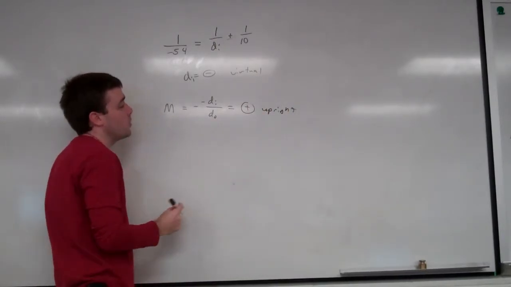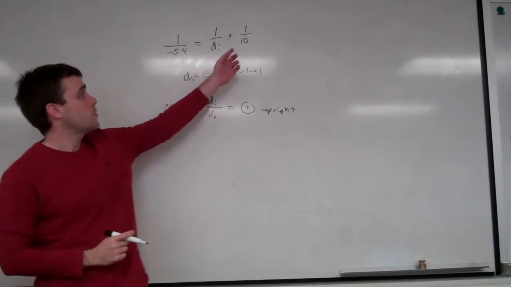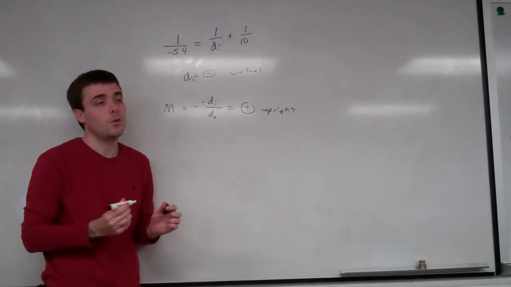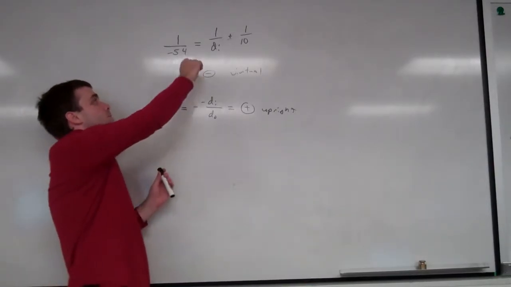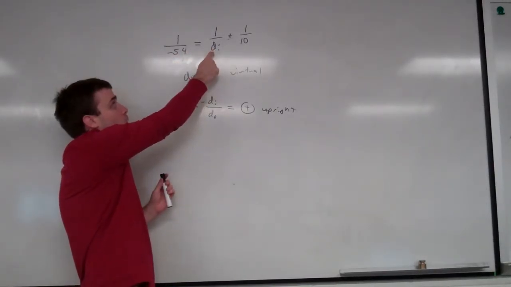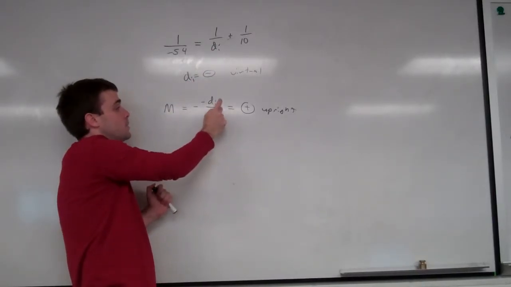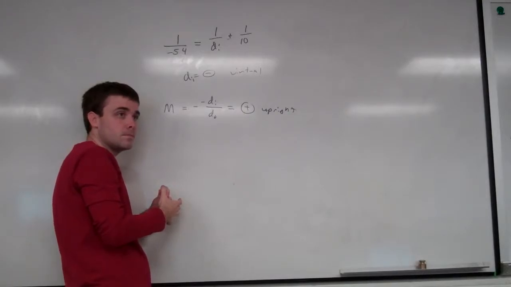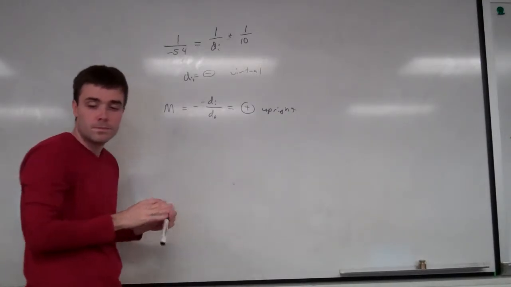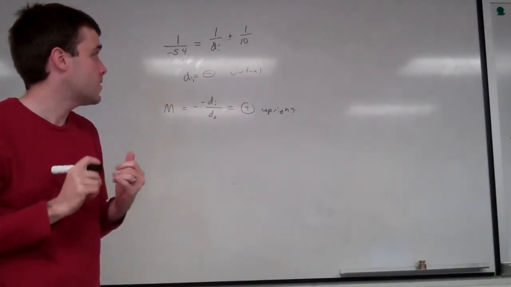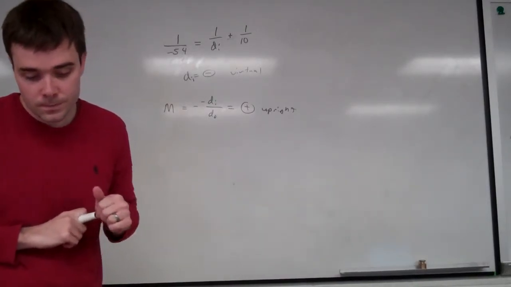And it's also smaller, because when you subtract this from that, you end up adding those two together, so do is always bigger than di. Questions about that? So a diverging lens is always virtual, upright, and smaller.